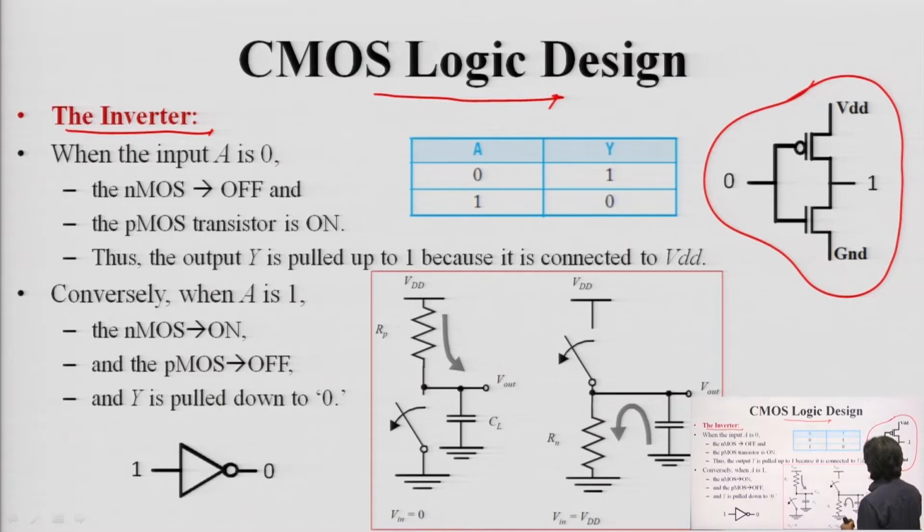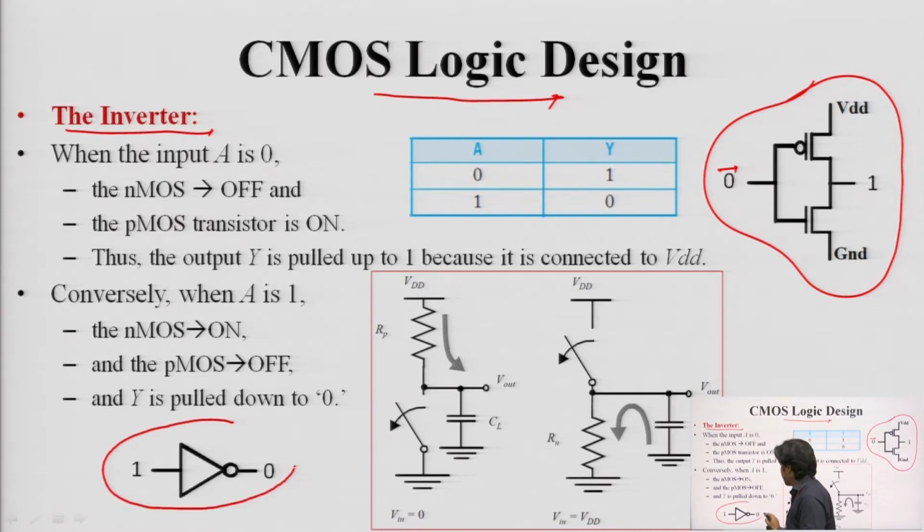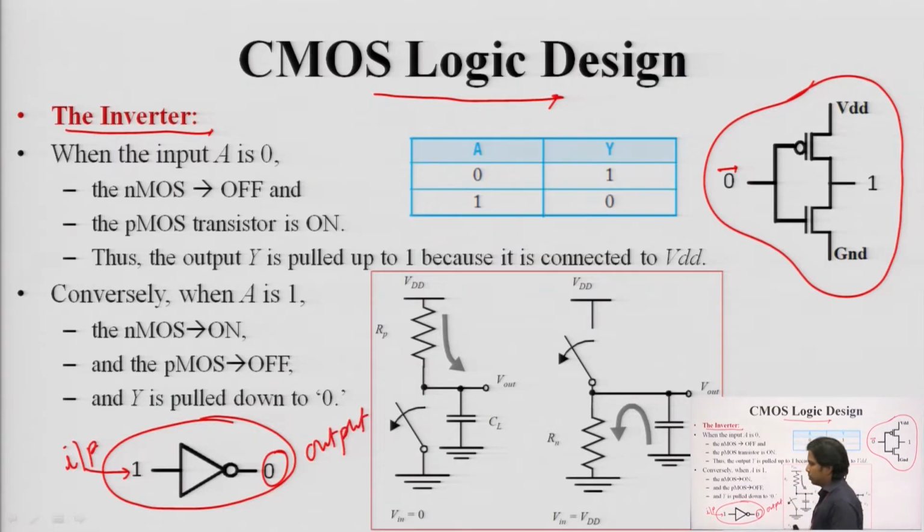So, in general, as we know, if we have this symbol of CMOS inverter, and if we give 1 as an input, the output will be 0, clear, that we know. If we give input as a 0, the output will be 1. So, it is a complement, clear. So, we will see how we achieve this truth table, clear.